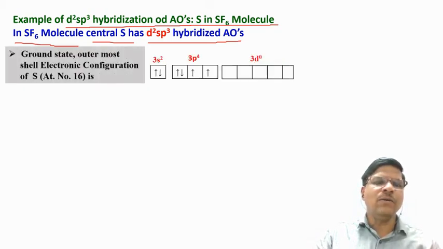Sulfur has atomic number 16, and the outermost shell electronic configuration for sulfur is 3s2, 3p4 and 3d0. In the ground state, the 3s orbital is filled. One 3p orbital, such as 3pz, is filled. 3px and 3py are half filled, and all d orbitals are empty.